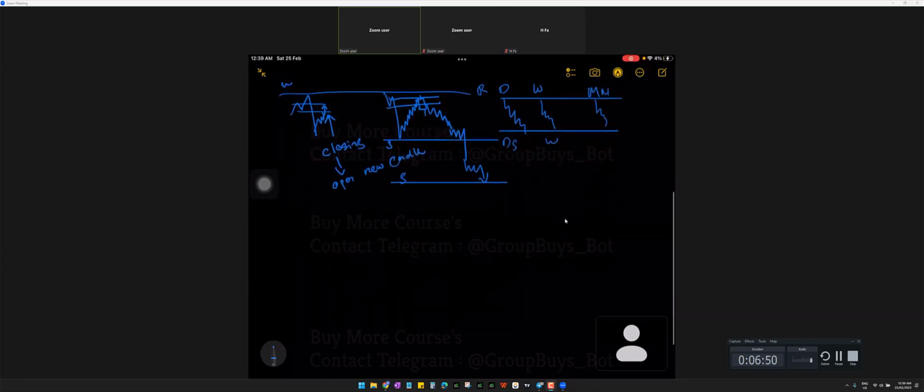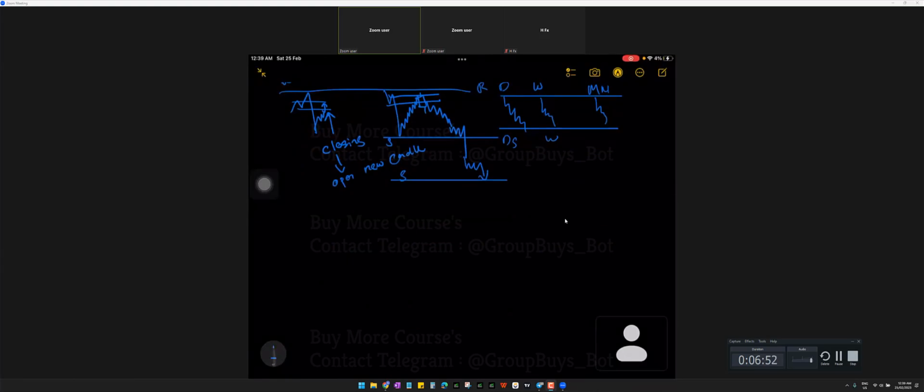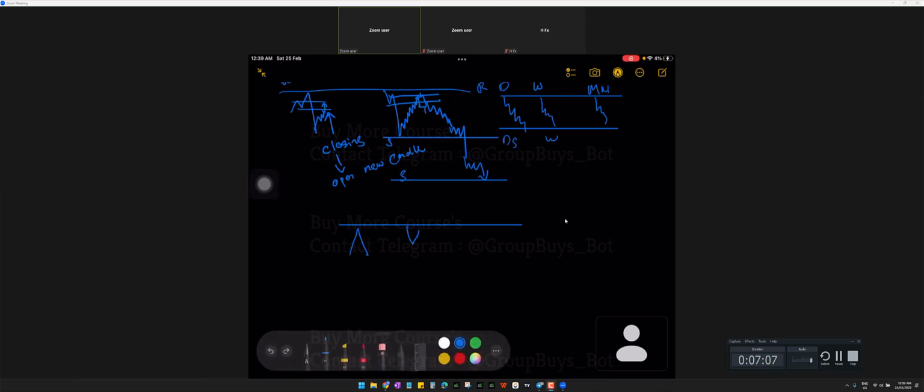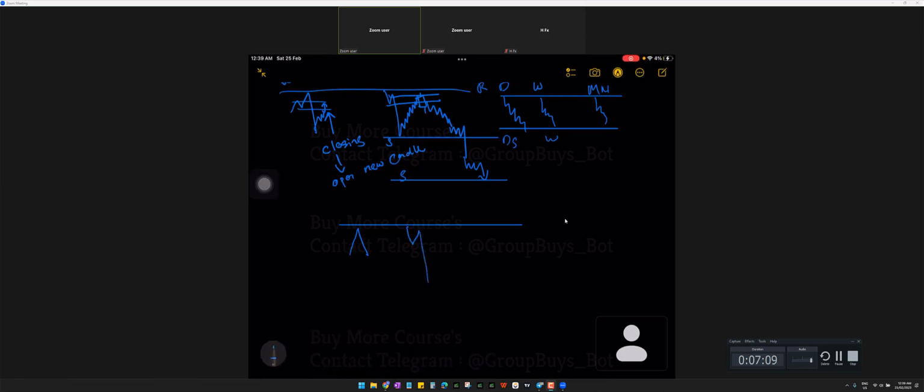And then, if I see this kind of pattern in weekly or daily or monthly, I will find the breakout first. Not this one.